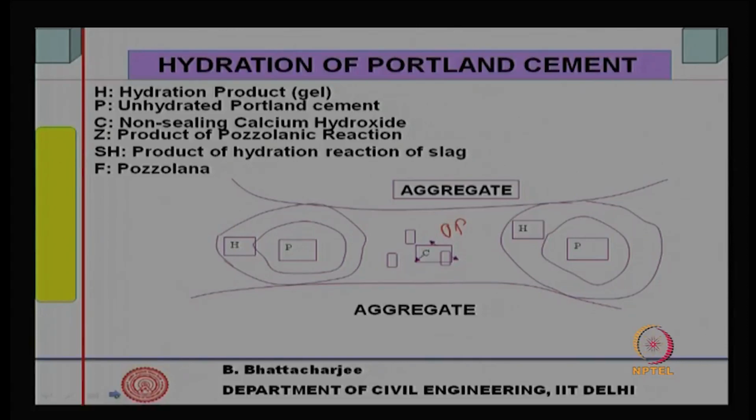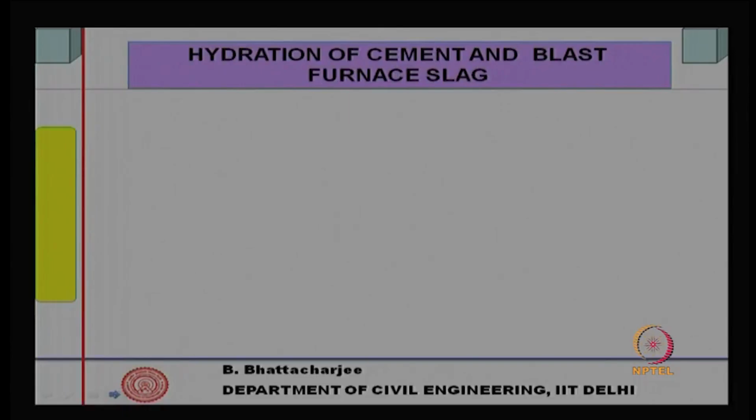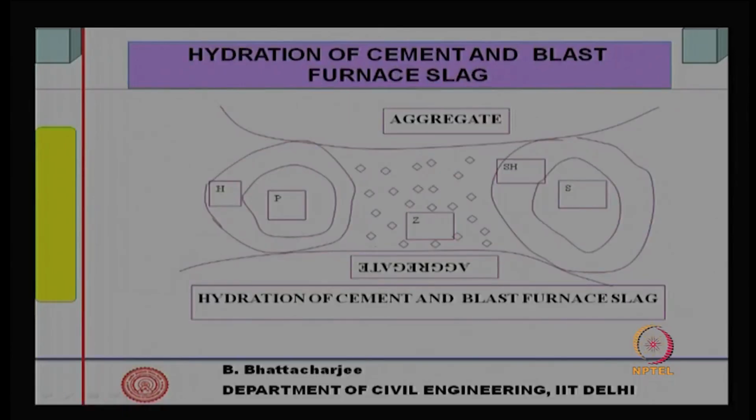This will fill in gradually as much of the voids as it can. But if you look at the reaction with slag, this is my Portland pozzolana and this is my slag. Slag, remember, has calcium oxide also, so it has almost cement-like composition, only less calcium oxide.